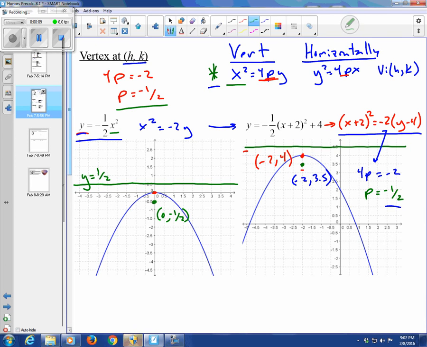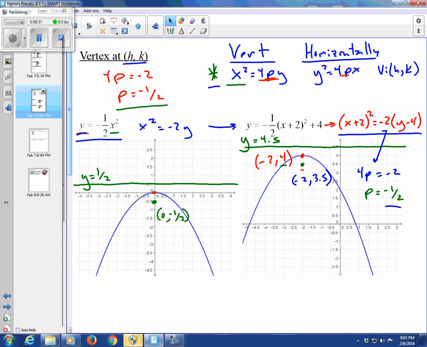And then for the directrix, we have y equals the k value of the vertex minus our p value. So 4 minus negative 1/2 is going to be 4.5. And we've defined the position of our directrix right there.